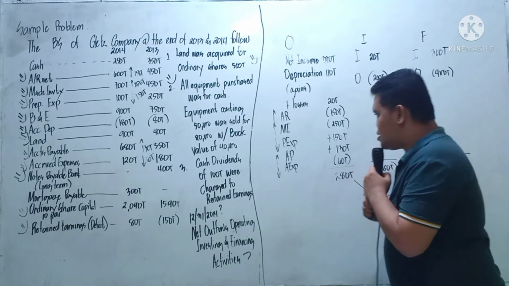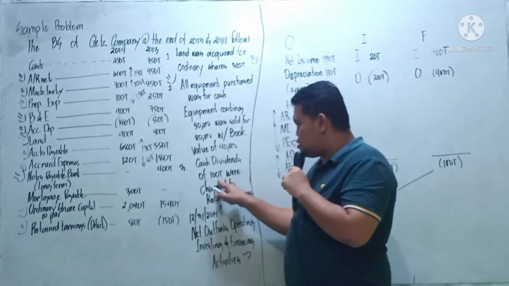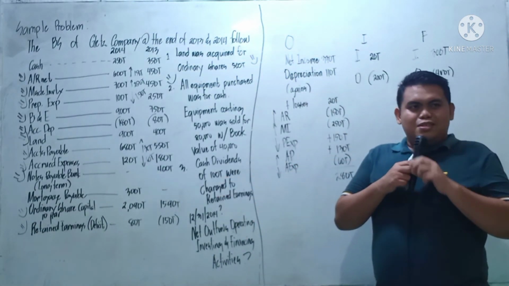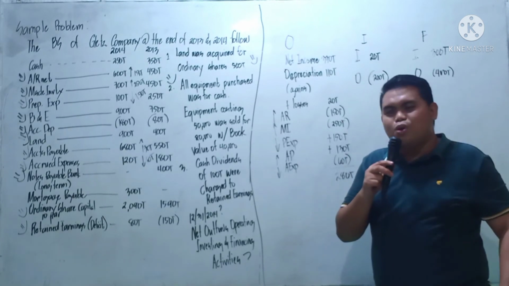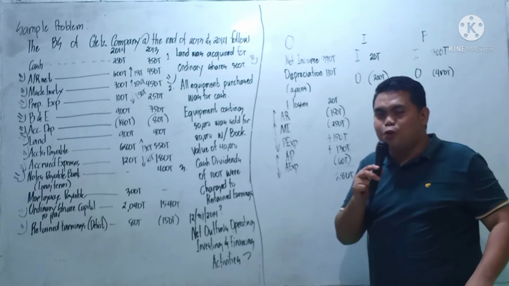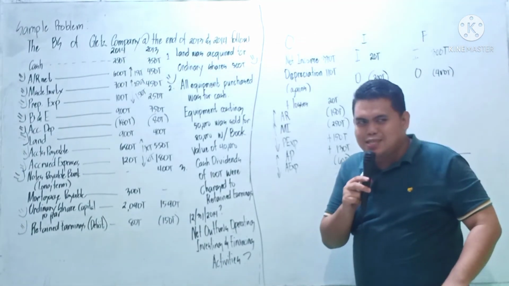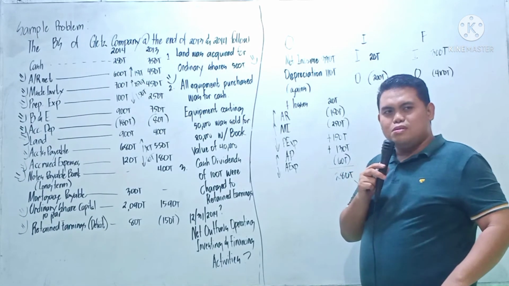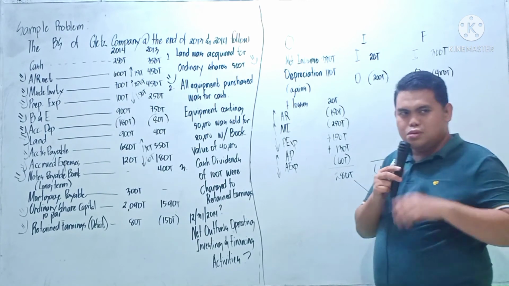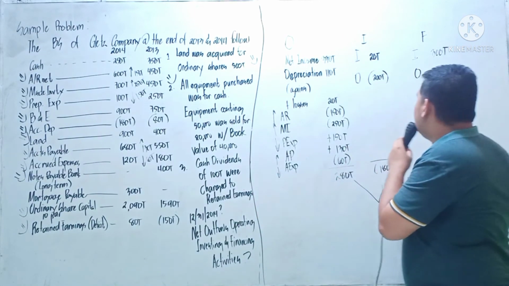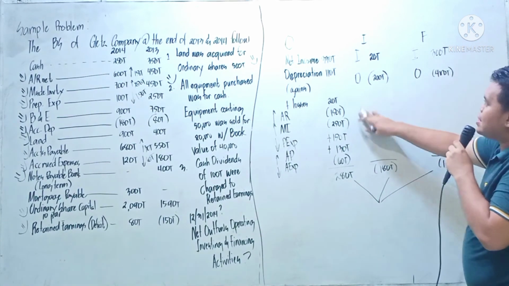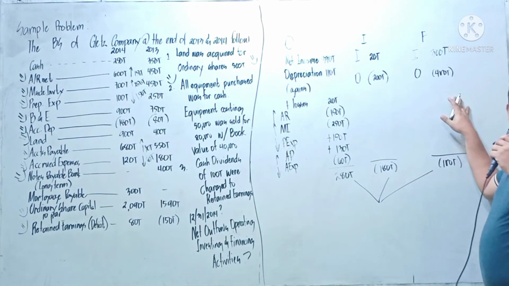What's missing is, didn't they pay cash dividends? So we failed to recognize earlier that paying cash dividends is an outflow. The question is, where is the outflow? Operating, investing, financing?